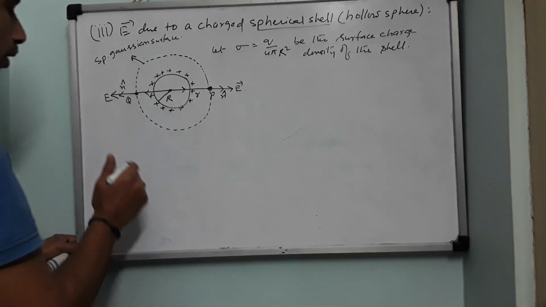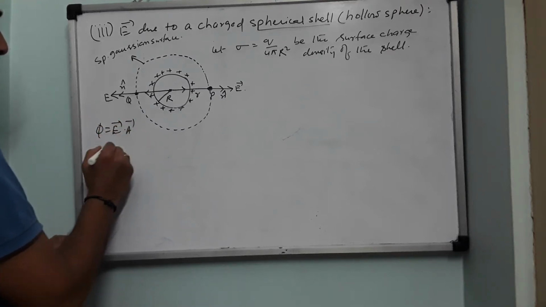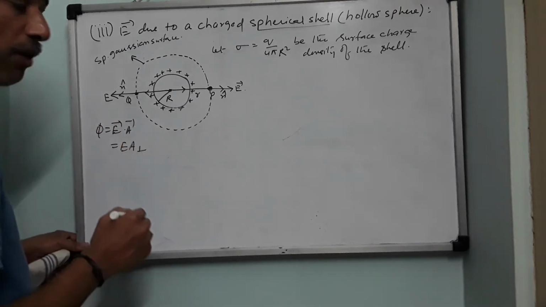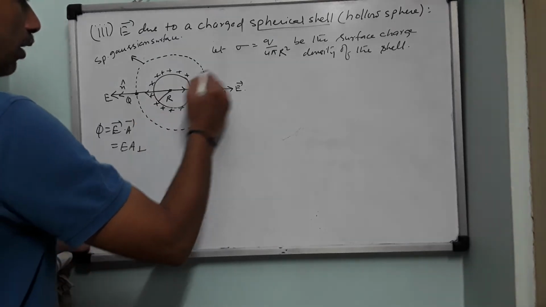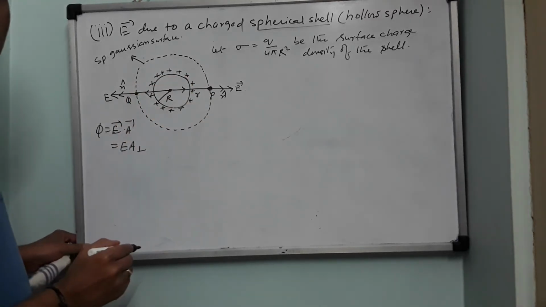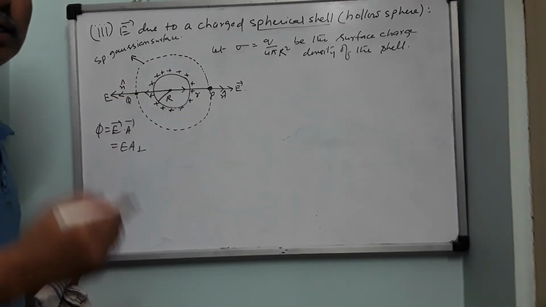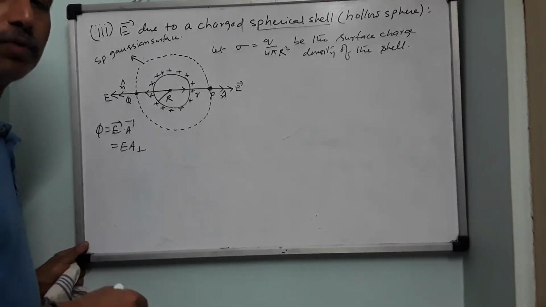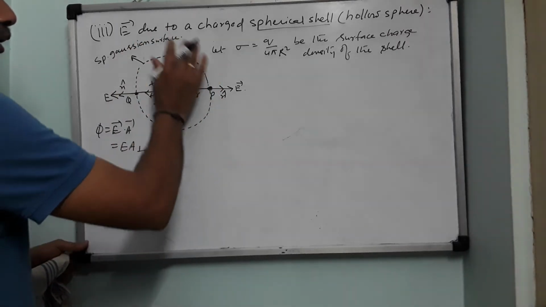So the electric flux is phi equals E dot A, where A is the area of the Gaussian surface perpendicular to the electric field lines. Every field line is perpendicular to the Gaussian surface, because every field line represents a radius, and the radius is always perpendicular to the surface of a sphere. So this entire surface area is associated with the flux.